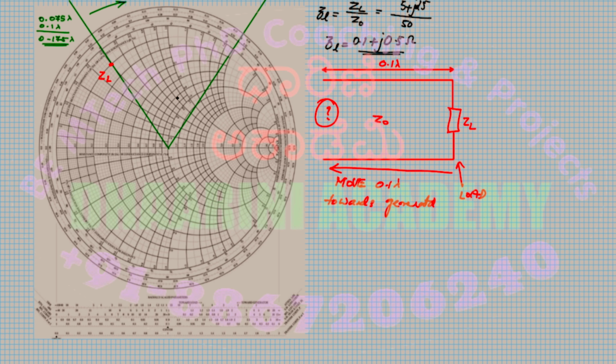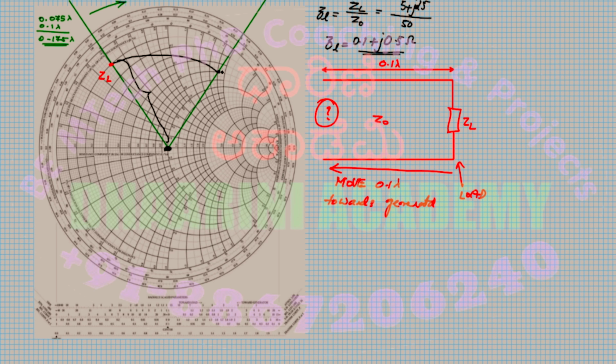Take this as a radius and the origin as the center, and from this point you draw a circle. Now that touches at this point. Can you read the exact value on your Smith chart?